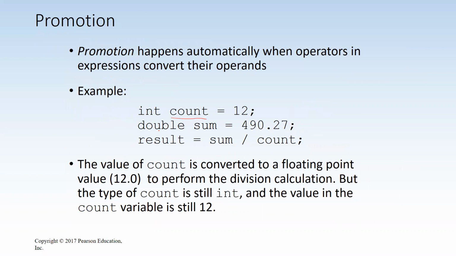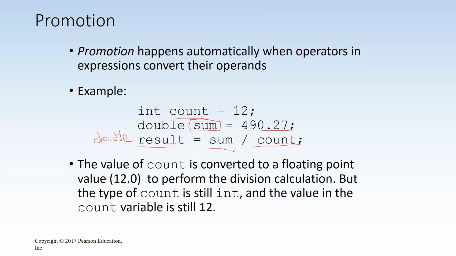This is an int. This is a double, right? And then when you do result, oh, what is my result? I didn't say what result is. Okay, result should be a double. So this is an int, this is a double.